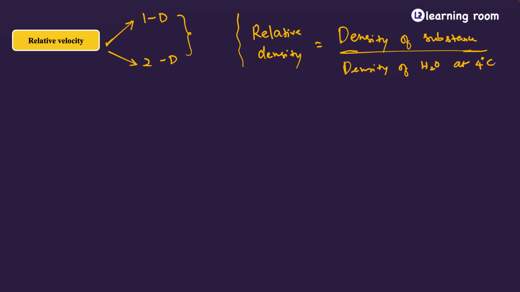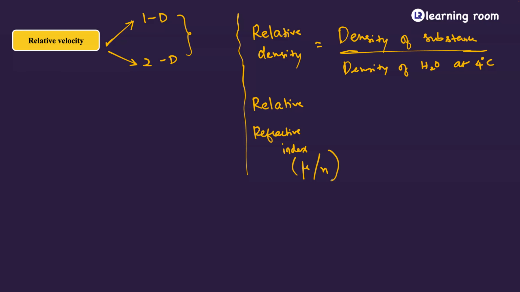Next, you have something called relative refractive index. You know what the refractive index is. It is represented by the symbol mu, or some books refer to it as N. In your NCERT, they refer to it as N. Basically, it is the ratio of the speed of light in vacuum to the speed of light in a medium.